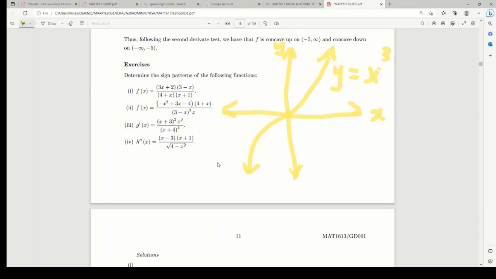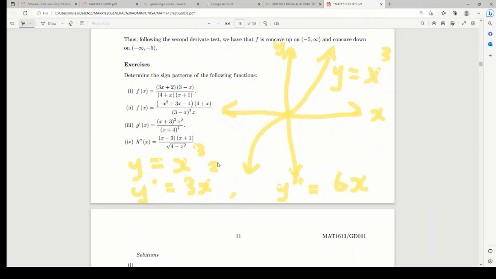So if you look at the second derivative of y equal to x cubed, let's get it. The first derivative is 3x squared, right? And the second derivative y double prime is equal to 6x.